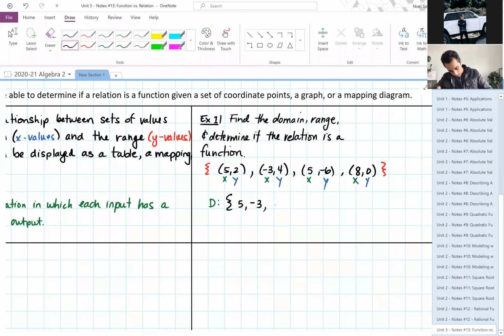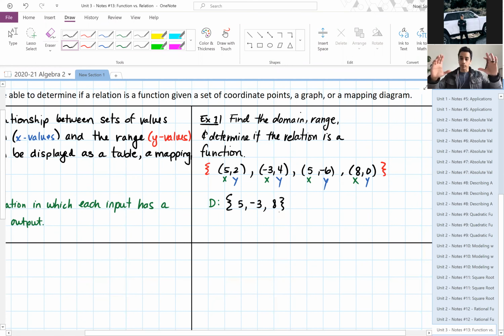Okay. And then I go to 8. So in the list of the domain members, you don't duplicate, right? It's like if you're a member at a club, you don't need your name written there twice, right? Once your name is part of the club, that's it. So it's just the one person. So 5 is only written once in the domain. Okay.